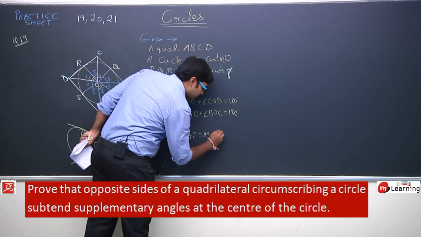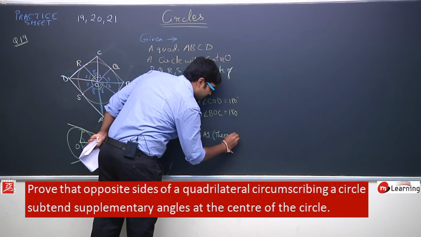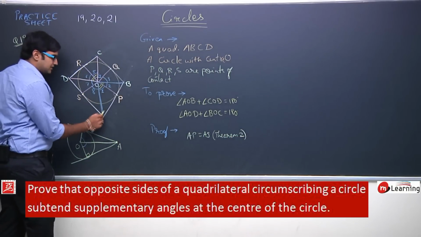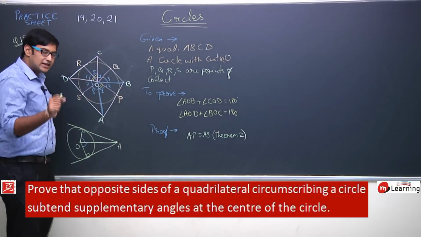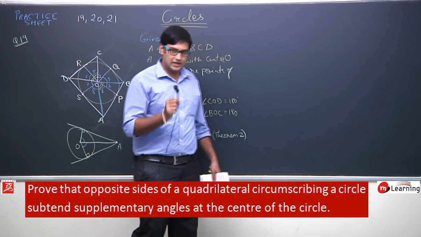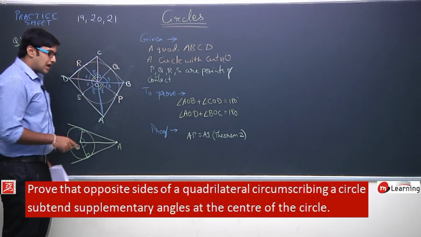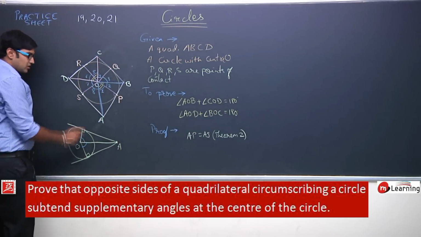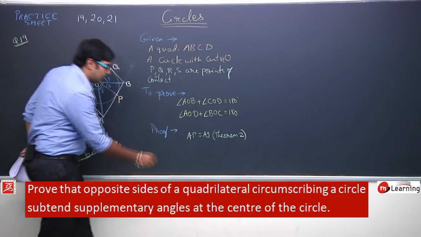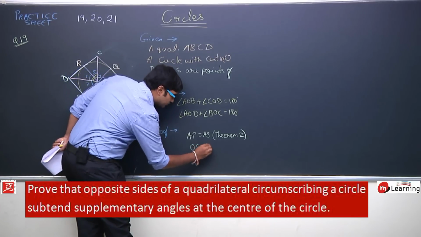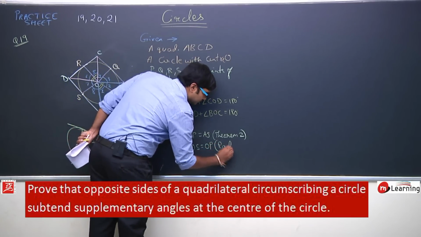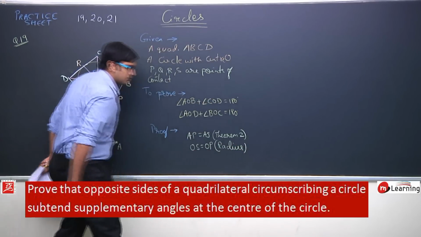Because of theorem 2. By theorem 2 we have learned that tangents drawn from an external point to the circle are equal in length, so AP is equal to AS. Now you can see that OS and OP are equal, because both are radii of this circle.